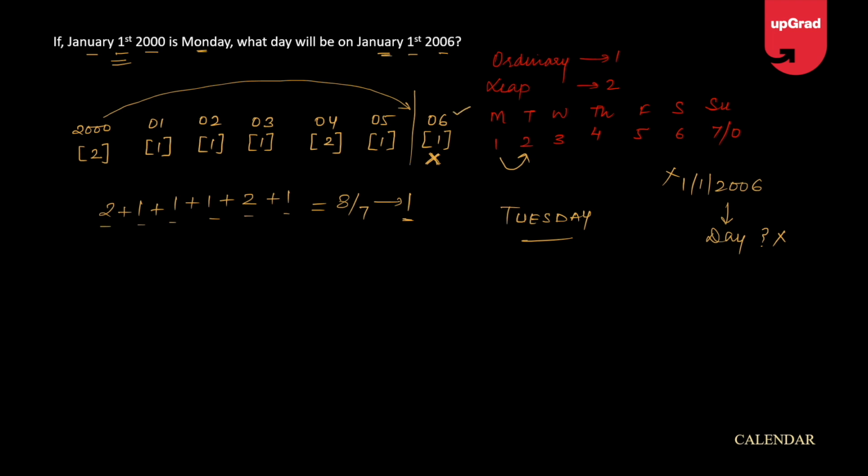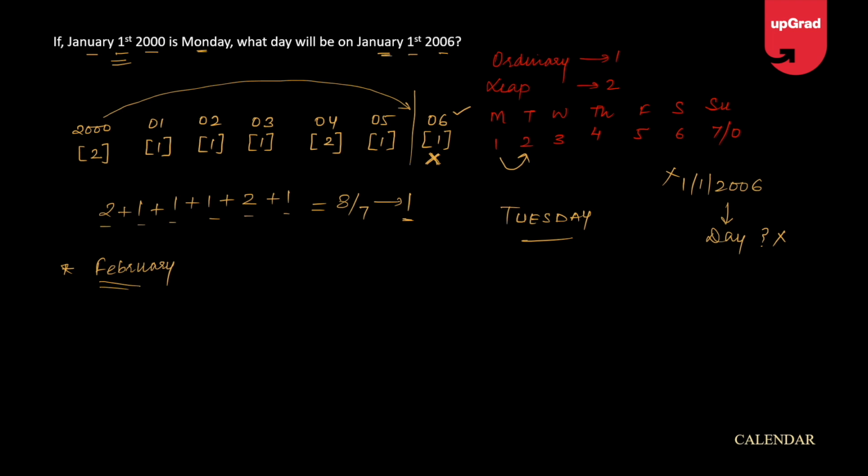Let me tell you a wonderful reason, and this is a very important part. We only count a year for which we are traversing the February month. I repeat, when we are traversing February for a particular year, only then do we count the odd days for that year.